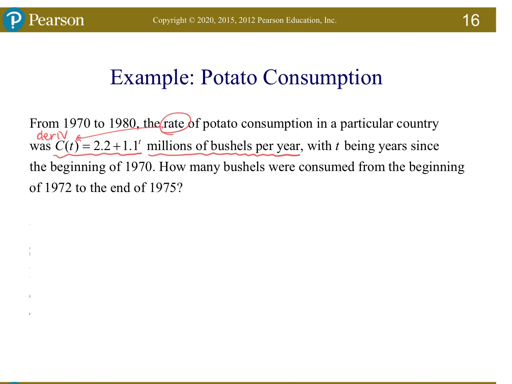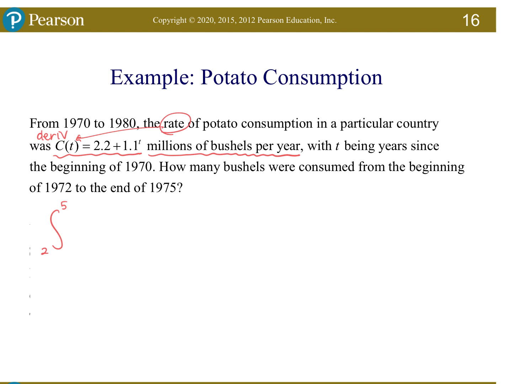Would the interval be 2 to 5? Okay, would the interval be 2 to 5? He's asking the question. Okay. What does T stand for? Read it for me. T is years since the beginning of 70.